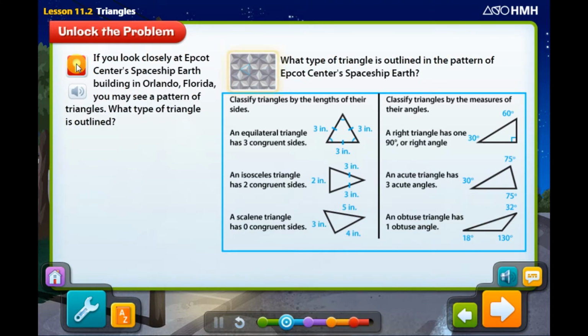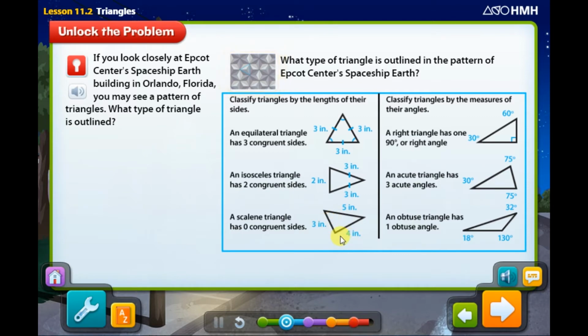Okay, so first, according to the length of its sides, if I have 3 equal lengths, we call it equilateral, and lateral means sides. So equilateral means equal-sided triangle, with 3 congruent, meaning identical, sides. If I have only 2 congruent sides and the third is not equal to them, this is called an isosceles triangle, which has 2 congruent sides.